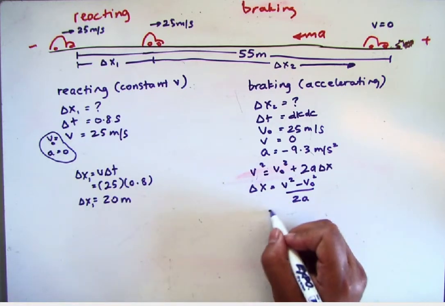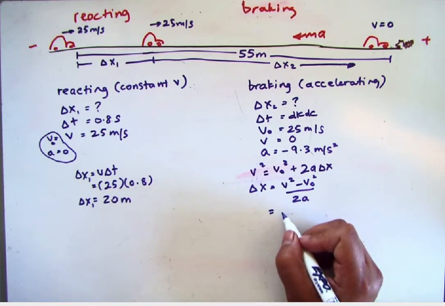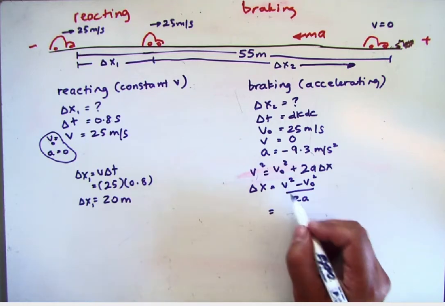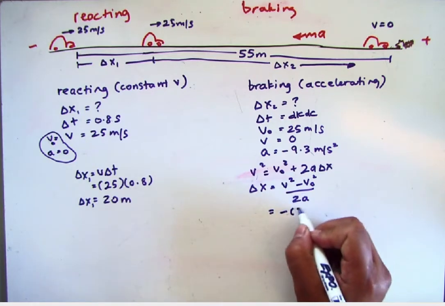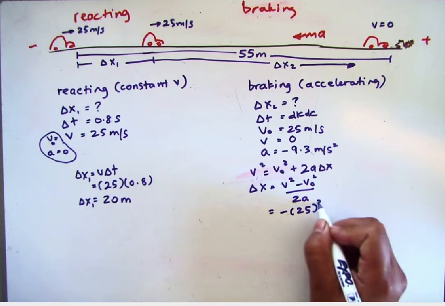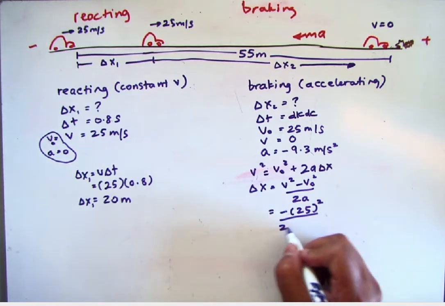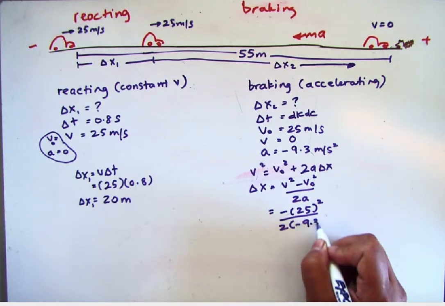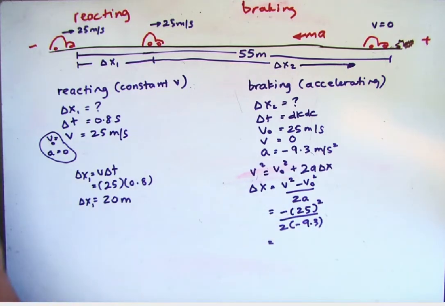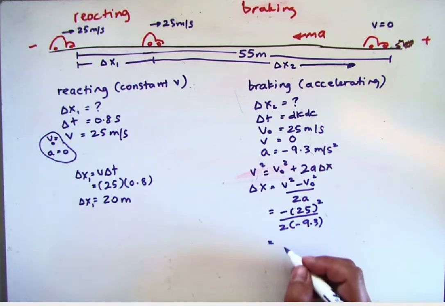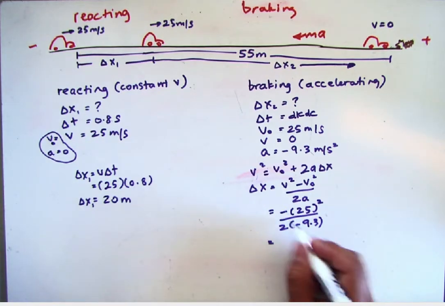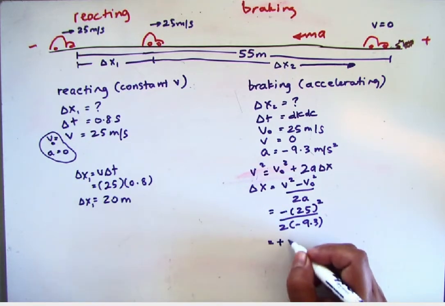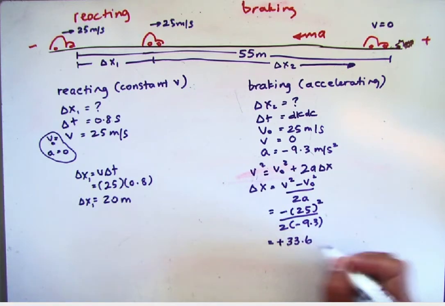And when I plug in the numbers here, I get 0 minus 25 squared all over 2 times negative 9.3. And when I solve that, I get 33.6. So the negative divided by the negative becomes positive 33.6 meters.